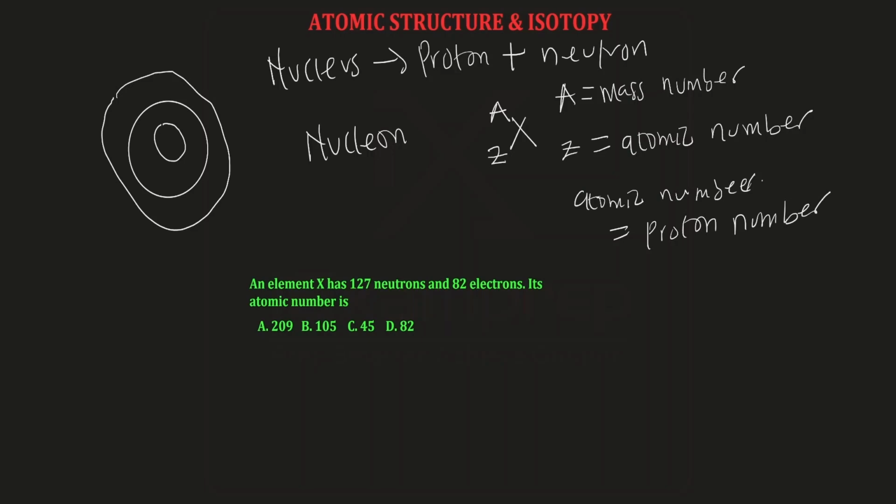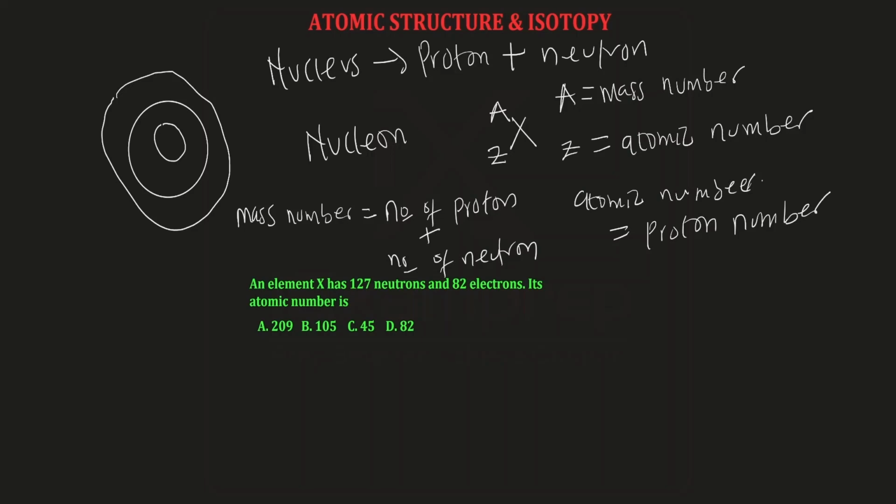You must also know that the mass number of an atom is equal to the number of protons it contains plus the number of neutrons in the nucleus. So the mass number is almost equivalent to the whole mass of the atom, and that is equal to the sum of protons and neutrons it contains. You must know that information.